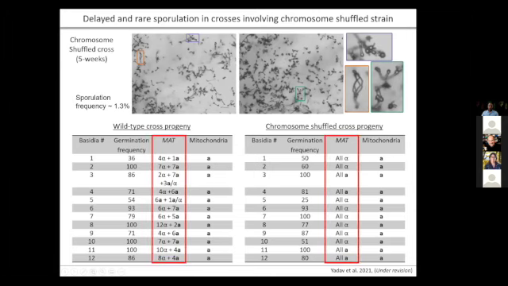But if you look at the same thing in the case of the chromosome shuffle strain, all the progeny that germinates inherits only one of the parental mating types, either alpha or A, and it doesn't matter what the germination frequency is. So this was the very peculiar pattern that we observed at this stage.